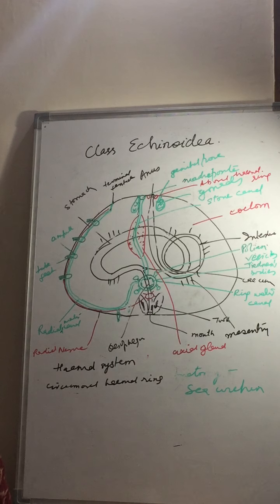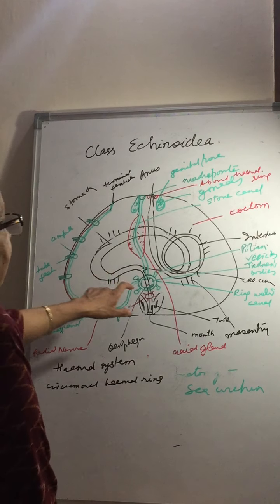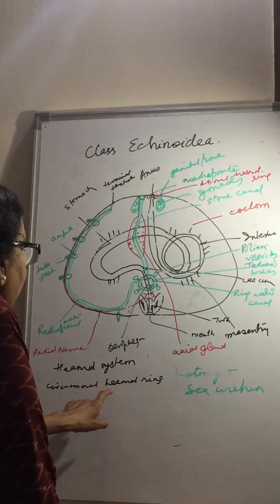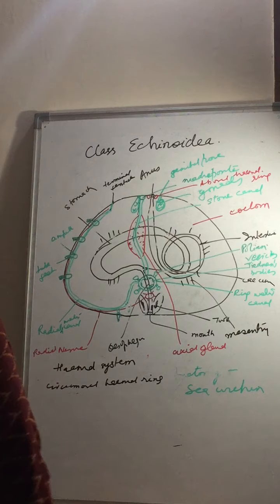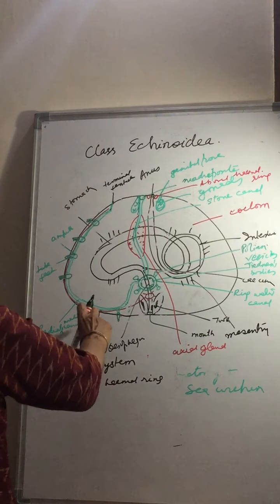The circumoral hemal ring encircles the esophagus and lies below the ring water canal, right? It gives off five radial hemal sinuses.